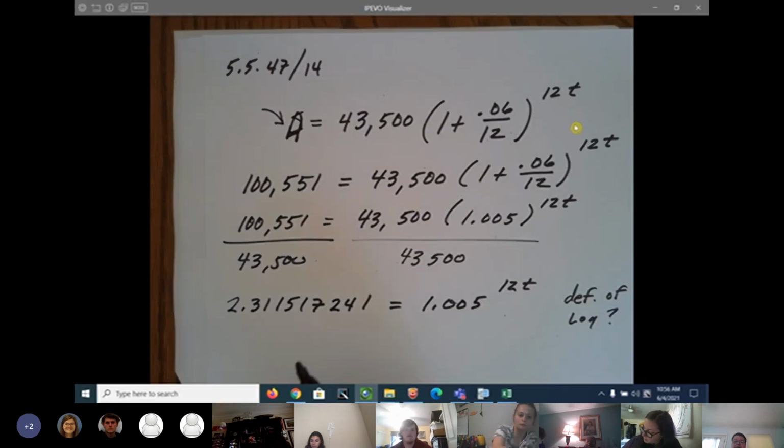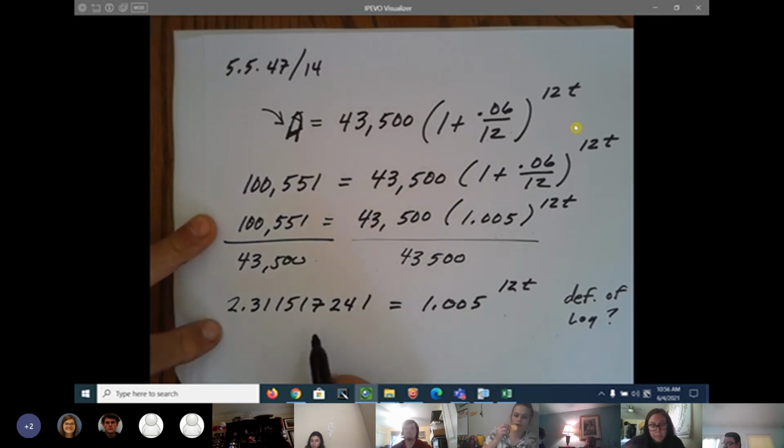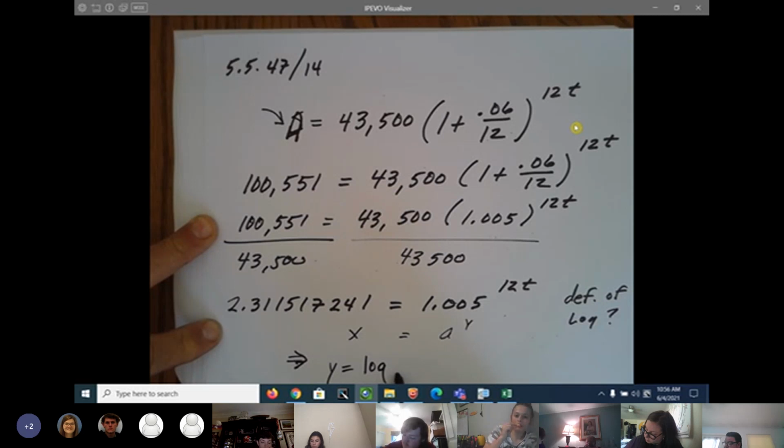Definition of a logarithm. I'm going to write it down here because I know half of you probably haven't learned it. So, what is it? A to the y is equal to x yields y is equal to log base a of x.